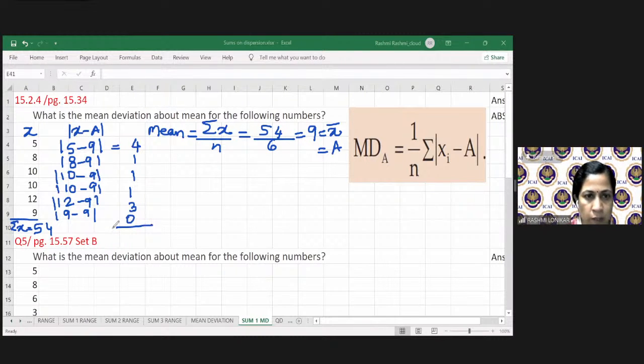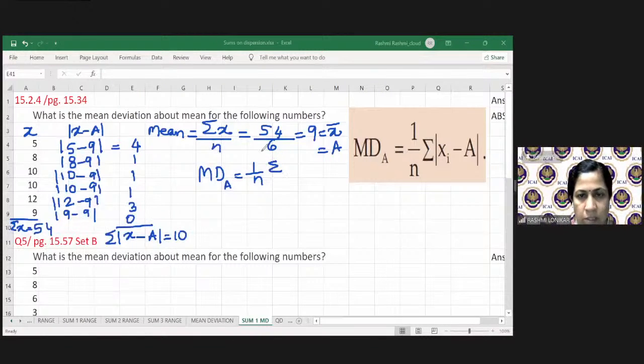So what do I have to find? This will be summation mod of x minus a. How much is this? 4 plus 1 plus 1 plus 1 plus 3. तो आ गया 10. Okay. So I will have mean deviation about the mean, which I have the formula 1 upon n summation mod of x minus a, equal to 1 upon 6 into summation mod of x minus a. कितना आया? 10 into 10.